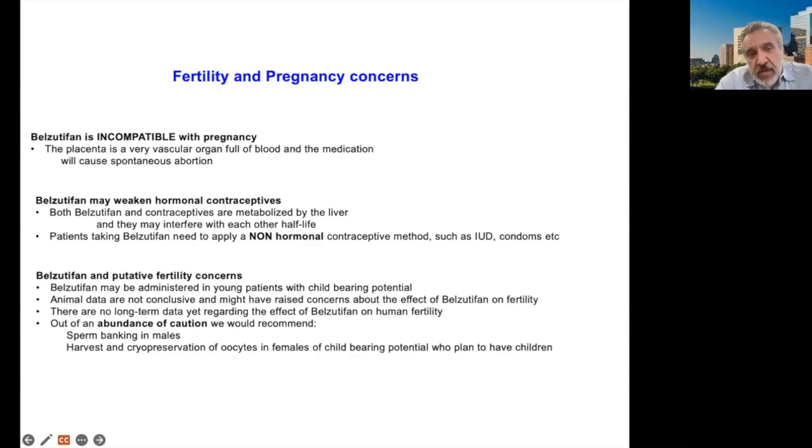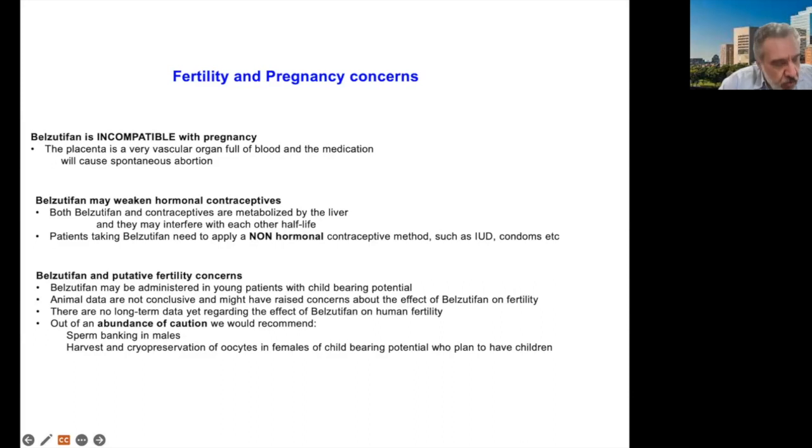The other thing belzutifan does, the market name is Welireg, is that it interferes with hormonal contraceptives. So you cannot rely on hormonal contraceptives when you take belzutifan. Women of childbearing age need to use non-hormonal methods like an IUD, condoms, or whatever else.